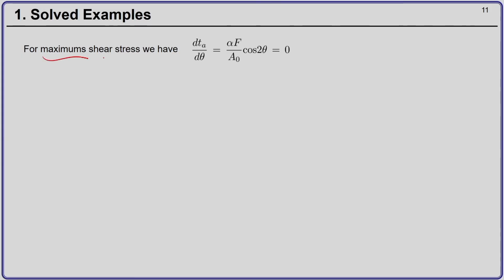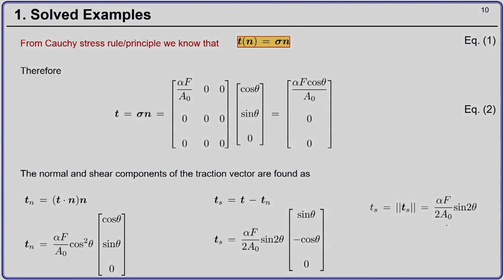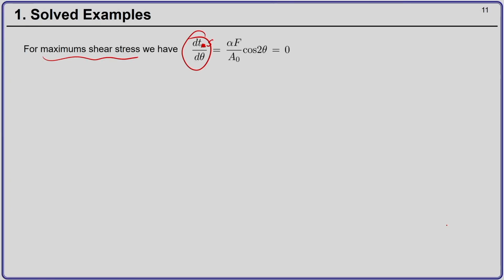So, for maximum shear stress, dT_s by d theta should be equal to 0. Okay. So, d by d theta of this quantity, and if I do this, I get alpha F by A_0 cos 2 theta equal to 0.